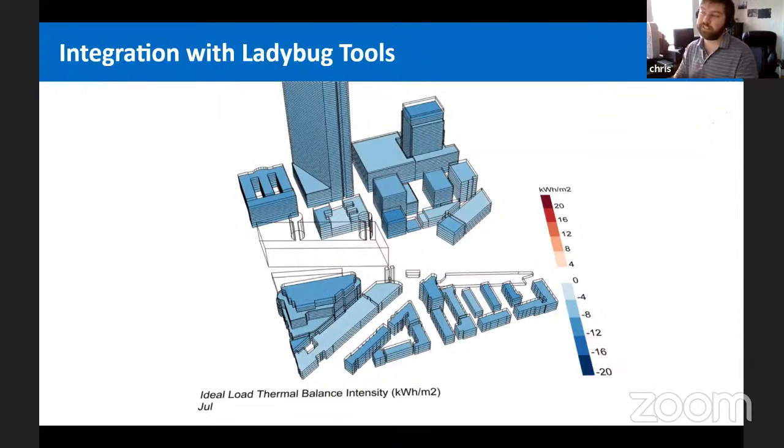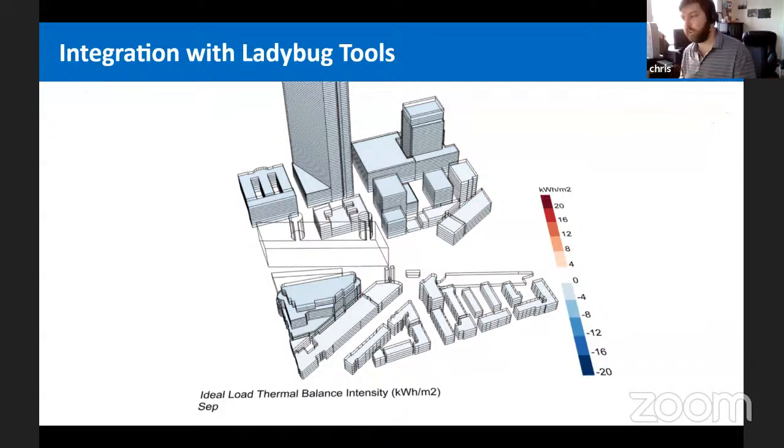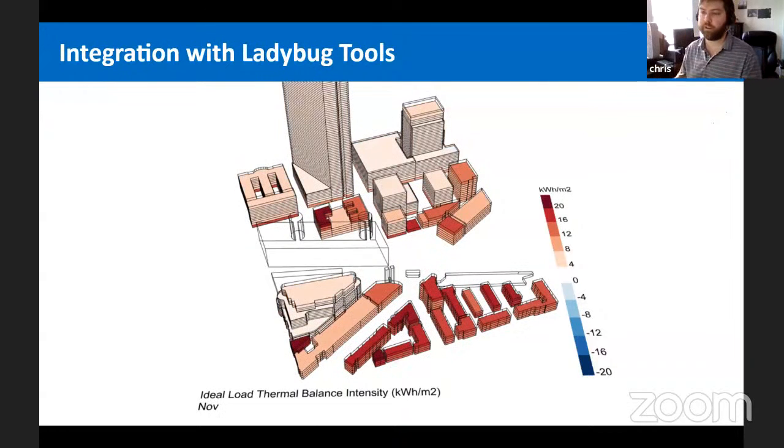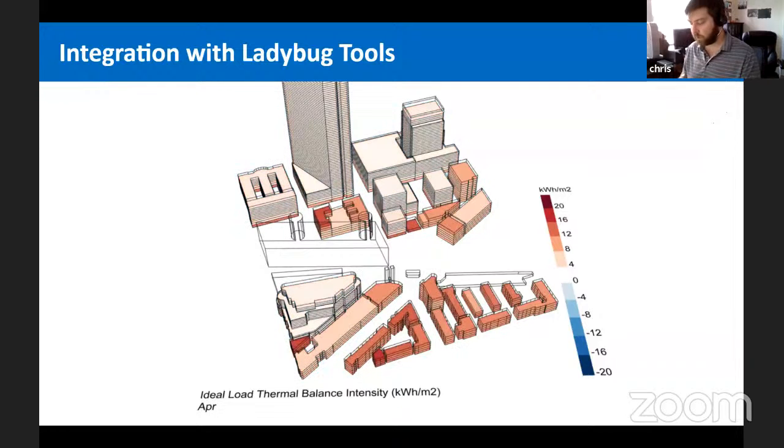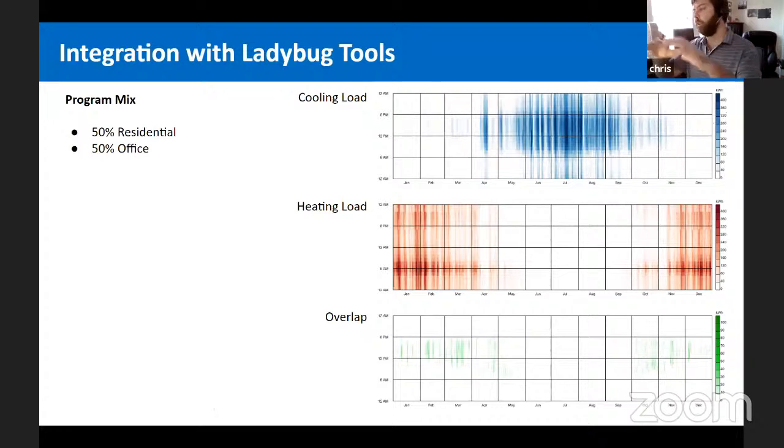So we can already start to see if there are opportunities for load sharing between buildings with a lower temperature district system. And we can even aggregate all those time series results and look at the cooling load on an hour by hour basis, the heating load, and the overlap between those in the entirety of the urban district.